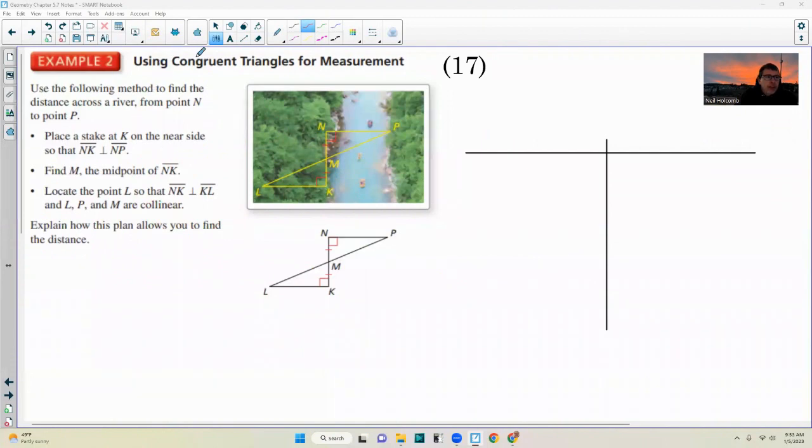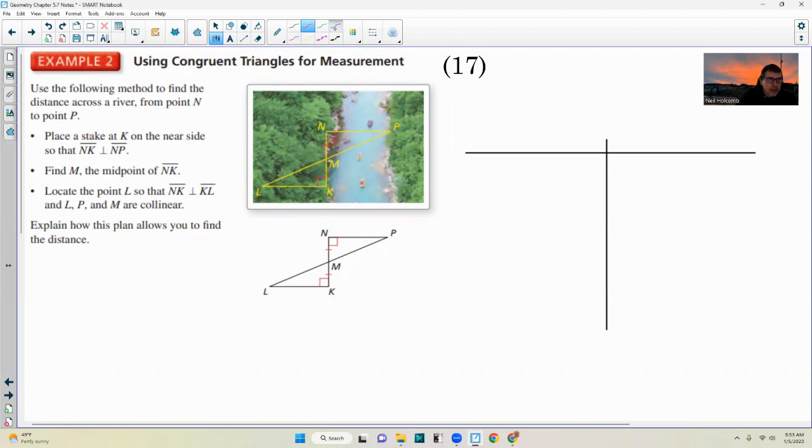Okay, example 2 is using congruent triangles for measurement. Use the following method to find the distance across a river from point N to point P. Place a stake at K on the near side so that NK is perpendicular to NP. What I've done is taken this diagram and brought it outside here.